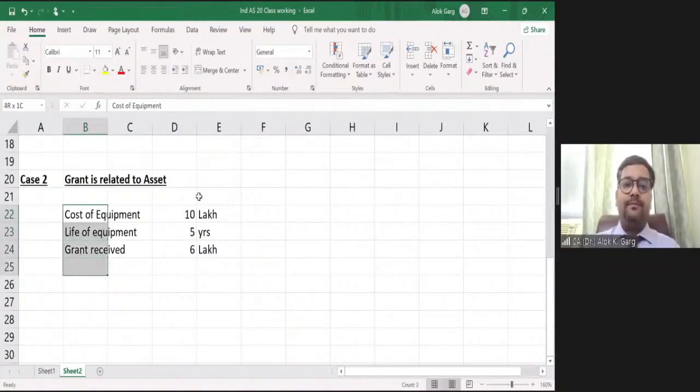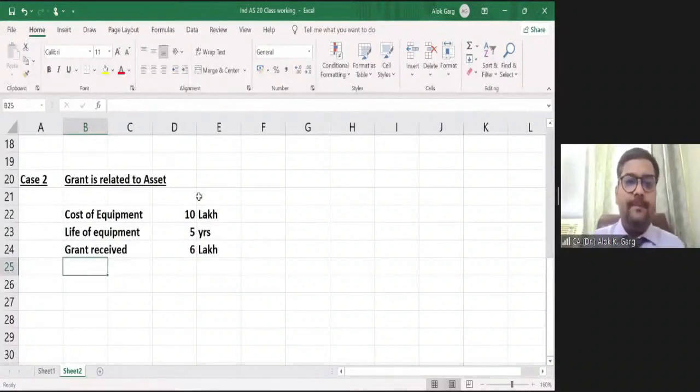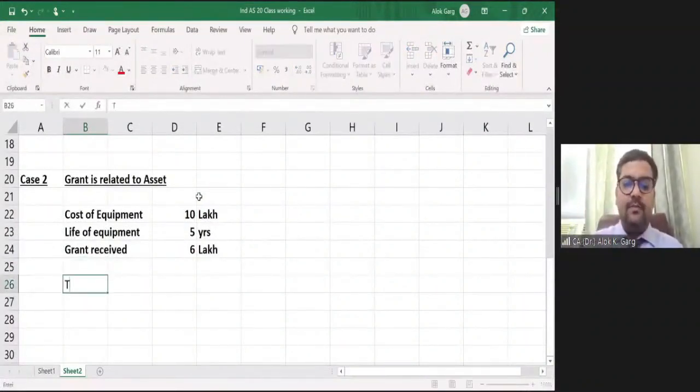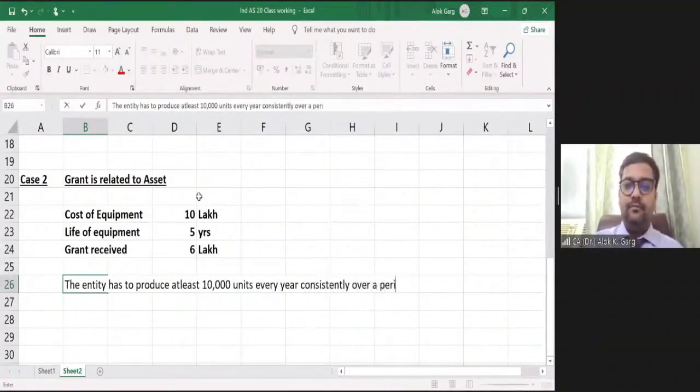Now the condition was the entity has to produce at least 10,000 units every year consistently for five years.